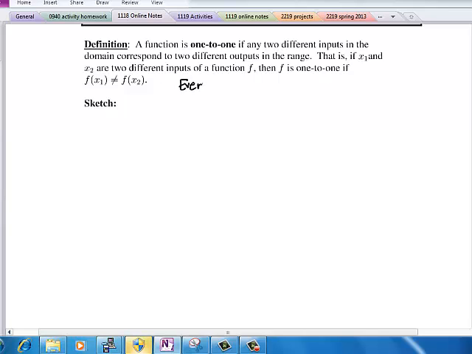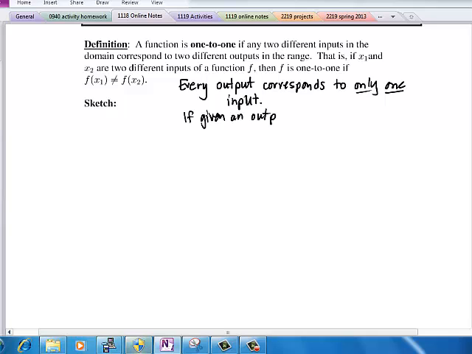Every output corresponds to only one input. Or even another way, if given an output, we can determine uniquely its input.